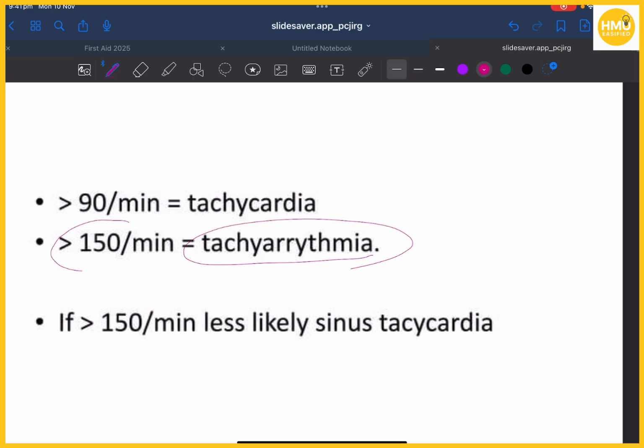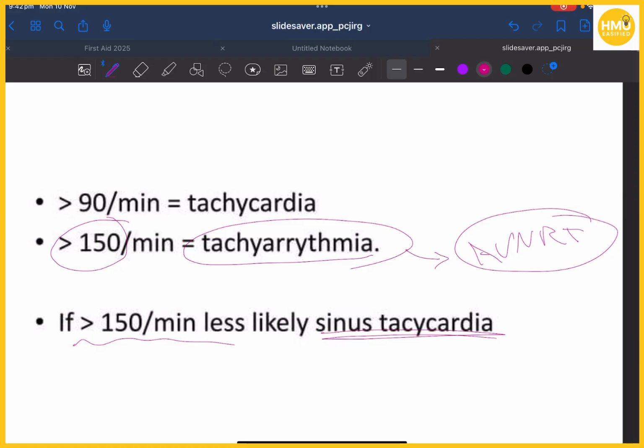For tachyarrhythmias, it's more than 150, and it's probably because they want you to assume AVNRT in your differentials, because AVNRT is diagnostic at this type of tachyarrhythmia. So if it's more than 150, it's probably not sinus tachycardia. It's not from stress or anxiety. No, it's probably one of the supraventricular tachycardias. Mostly they're gonna reach this type of number.